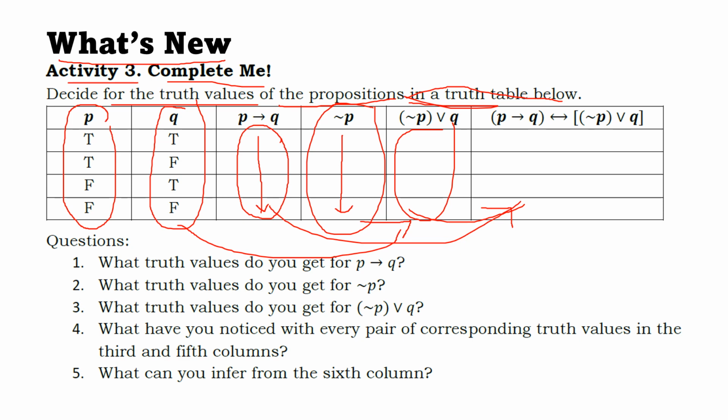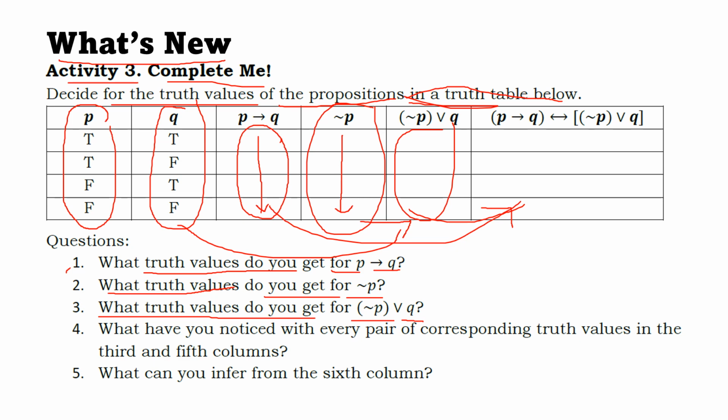We can answer these questions for us to easily understand, or to visualize more, what this activity is all about. For number 1, what truth values do you get for P implies Q, or your P conditional Q? Second, what truth values do you get for negation P? For number 3, what truth values do you get for negation P disjunction Q?